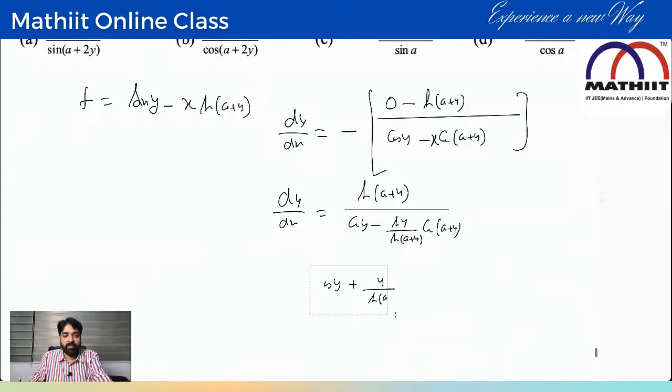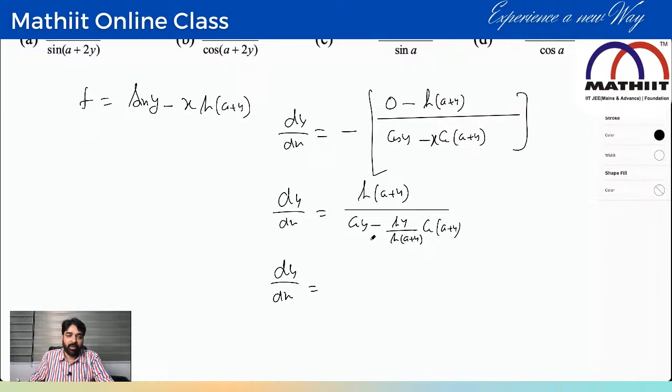So now take the LCM. dy by dx will be equal to sin(a plus y), and this will go in the numerator, a plus y, divided by sin(a plus y) cos y minus sin y cos(a plus y).